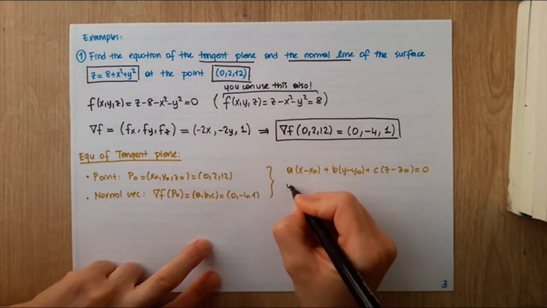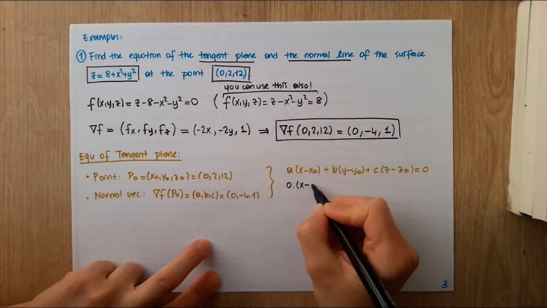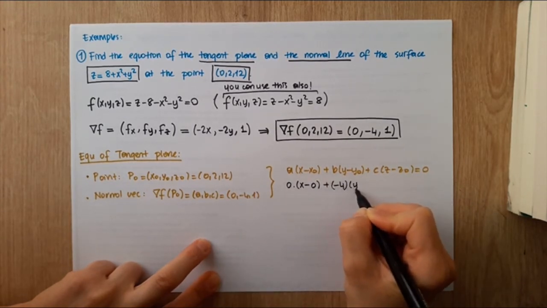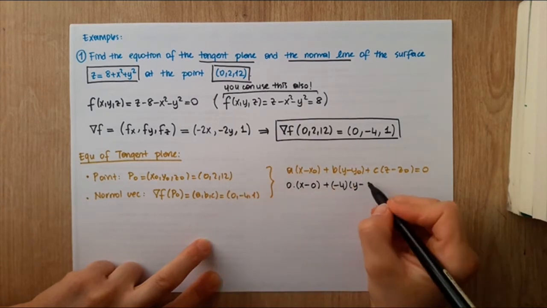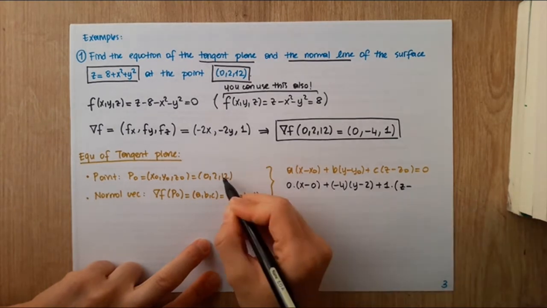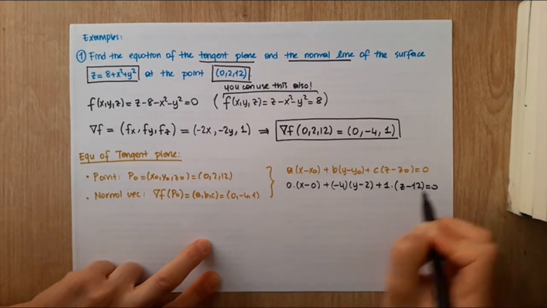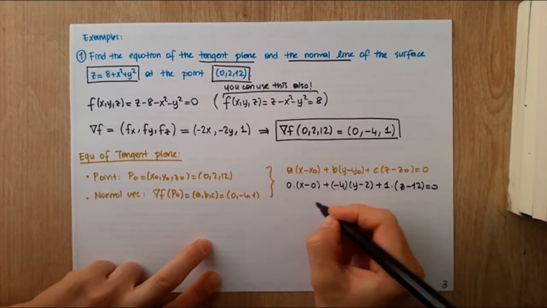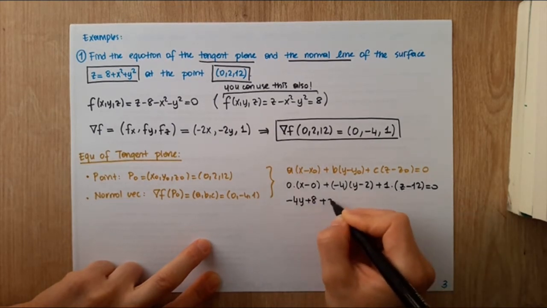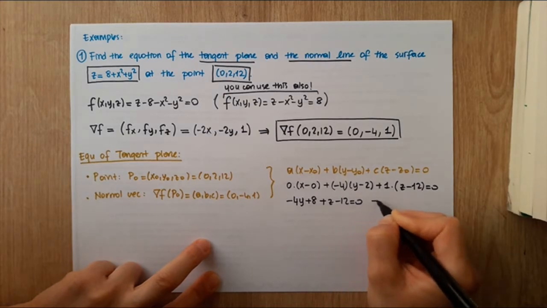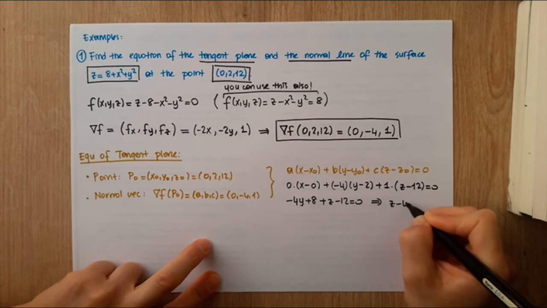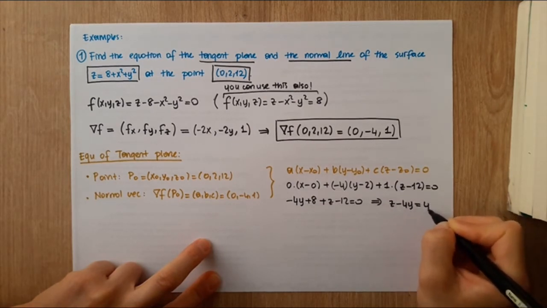A is 0. 0 times (x minus x0) is 0, plus B is minus 4 times (y minus 2), plus C is 1 times (z minus 12), equals 0. From here I have 0, from here I have minus 4y plus 8, and from here I have z minus 12 equals 0. At the end, the equation of the tangent plane will be z minus 4y equals 4.